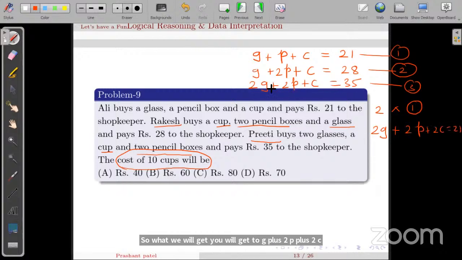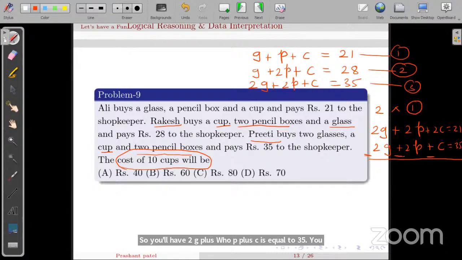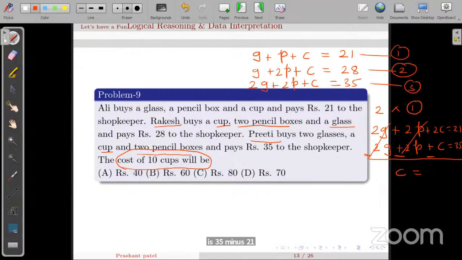And you just subtract that from the third equation, so you'll have 2G plus 2P plus C equal to 35. When you subtract, this will get cancelled out, this will also get cancelled out. So you'll have C, which is 35 minus 21, which gives me how much?